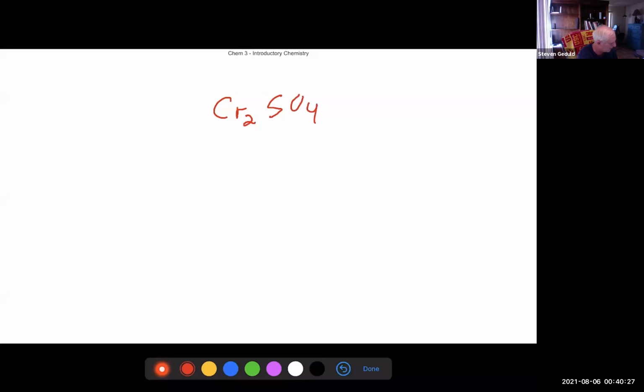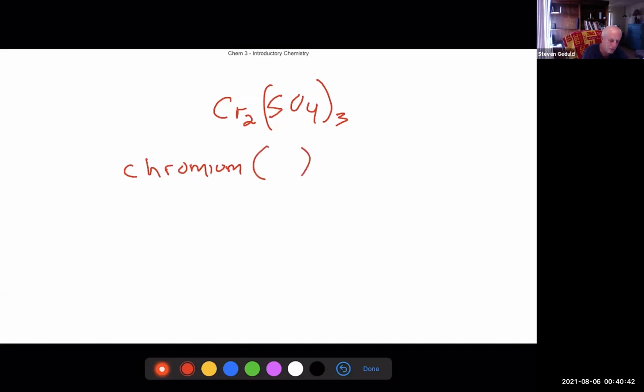Okay, let's do Cr2(SO4)3. Okay, so Cr is chromium, and it's a transition metal, so you've got to tell the charge, because otherwise you won't know it.